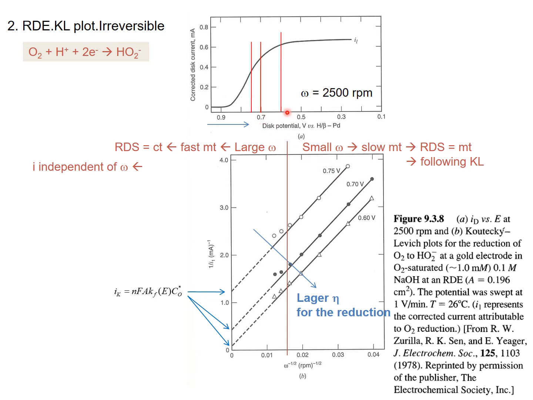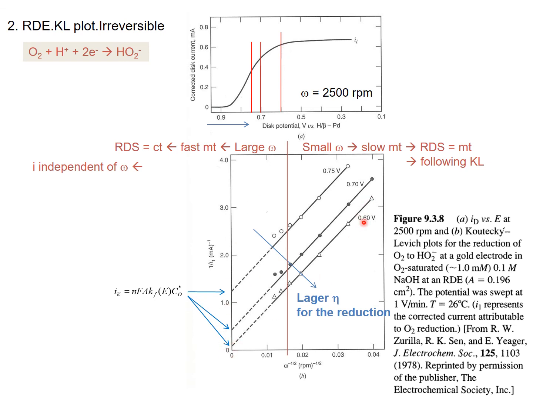The 0.6 volt is considered the highest overpotential. So, at the larger overpotential, the y-intercept goes to 0 or very small values, because right now the charge transfer kinetics is very fast, so 1 over the kinetic current goes to 0.